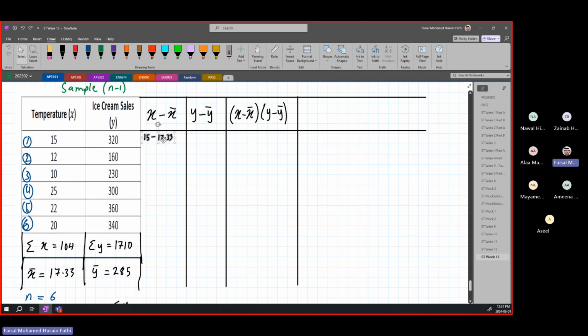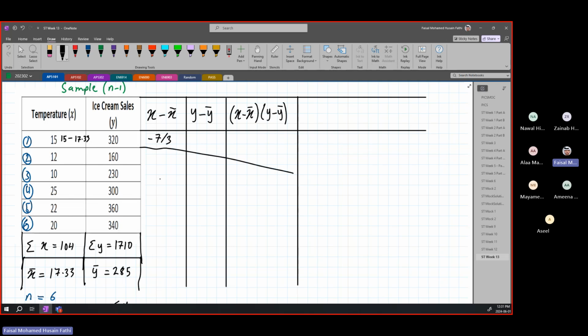Let me make it a bit smaller and just keep it on the side here. So 15 minus 17.33 for the first one, which will give us negative 7/3. All right. I like to keep things in fraction if I can, because it gives me more accurate results when I'm calculating later on. The next value is going to be minus 16/3, which is 12 minus 17.33.